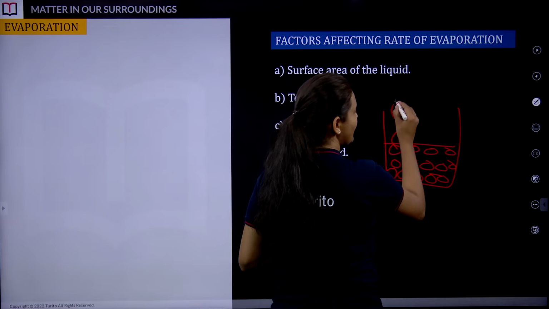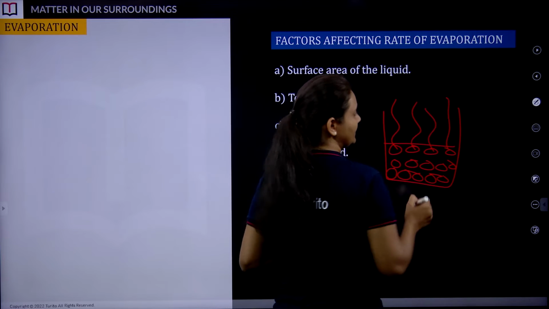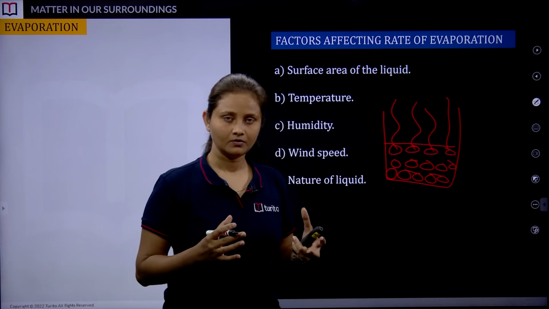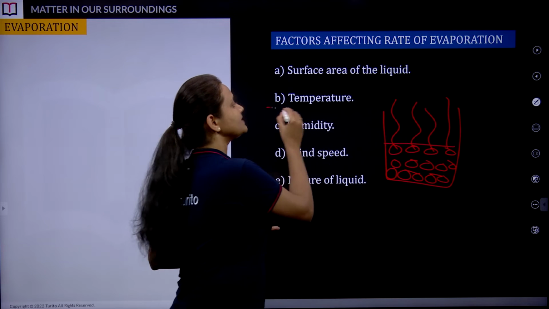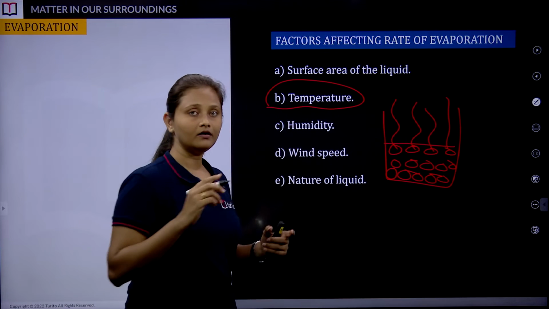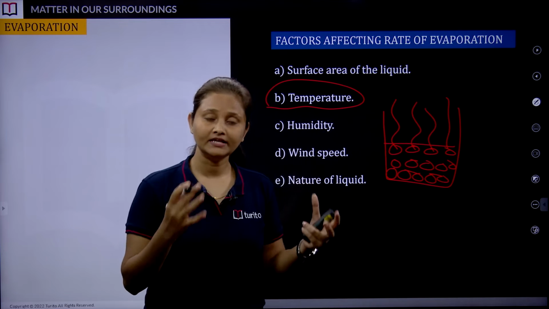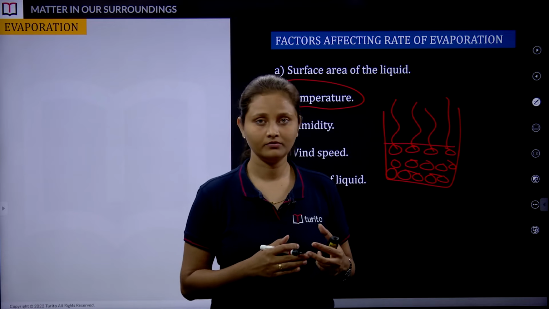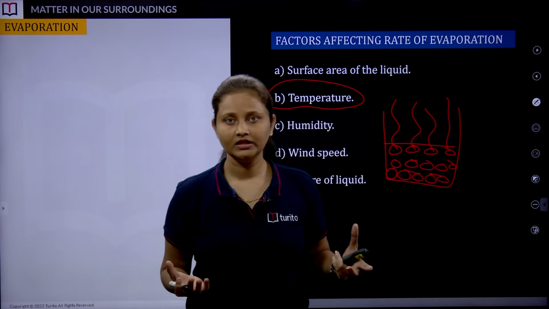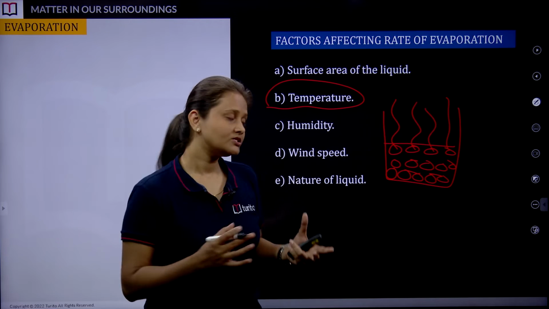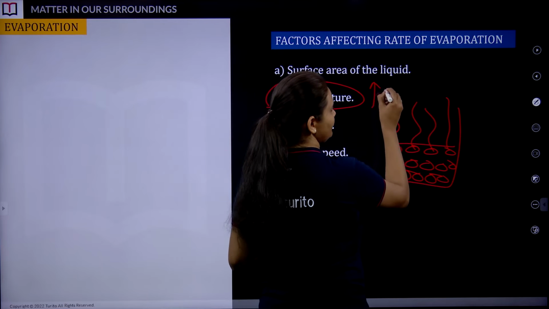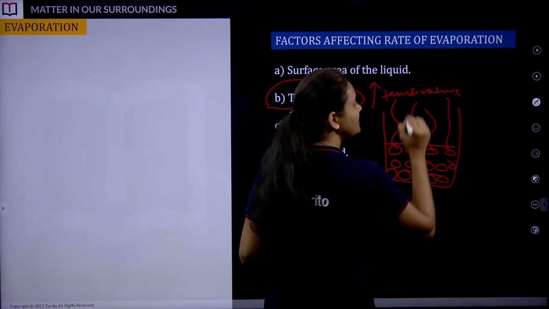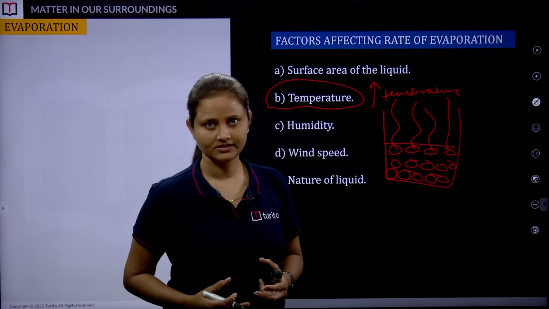Because of this, these particles can escape very quickly, or they are going to evaporate faster. You must have observed that on a sunny day, drying of clothes is much faster than when there is moisture in the air, correct? So if you increase the temperature, the rate of evaporation increases.